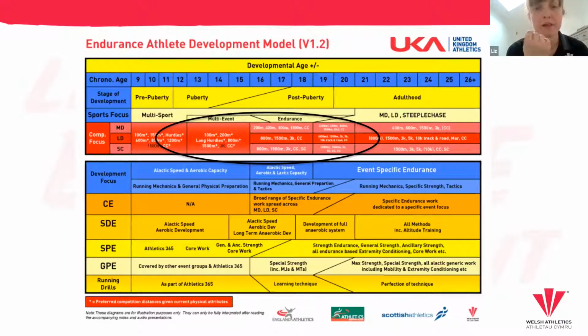The key thing that comes from this model is thinking about that lack of event specialisation in the early stages. When I say event specialisation, I mean discipline in terms of throws, jumps, etc. Trying to keep things fairly multi-event in those early stages of the athlete's career.